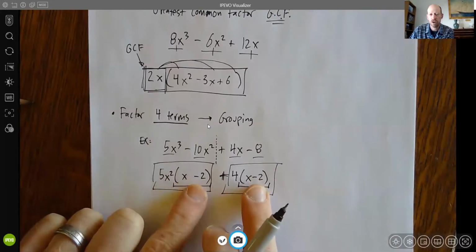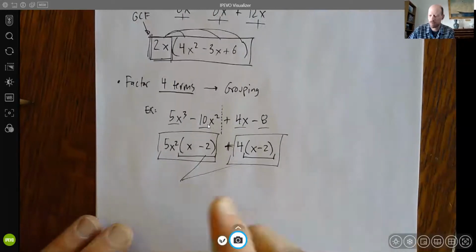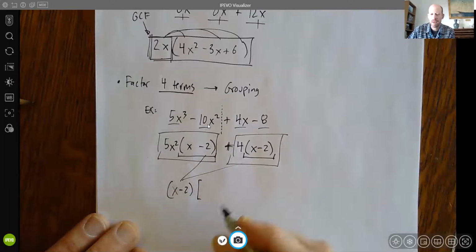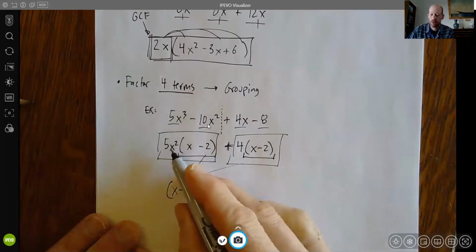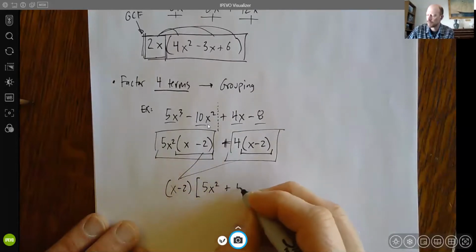So I can sort of start fresh and say they both have an x minus 2, so let's pull that common factor of x minus 2 out, and what's left behind is a 5x squared plus 4.